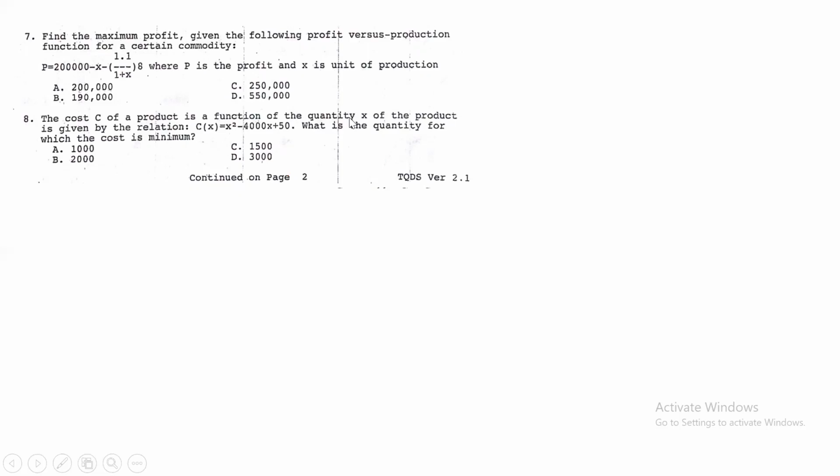So how do we do this, guys? We have the formula of profit: 200,000 minus X minus (1.1 over 1 plus X), raised to 8.